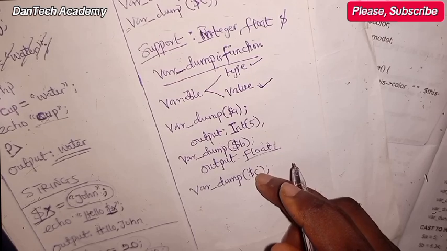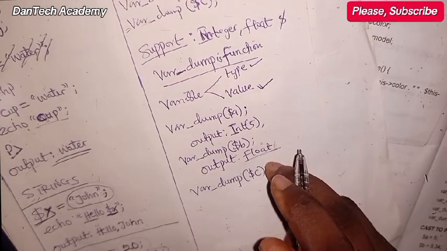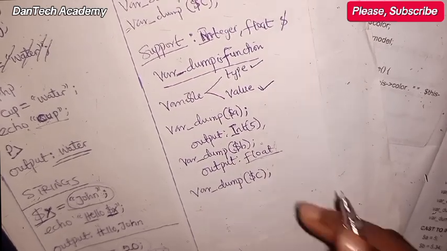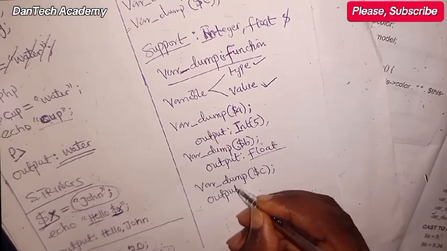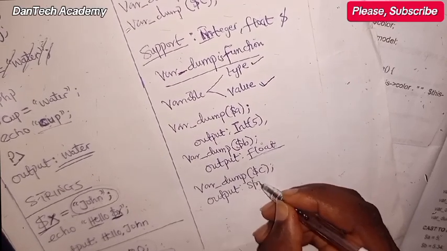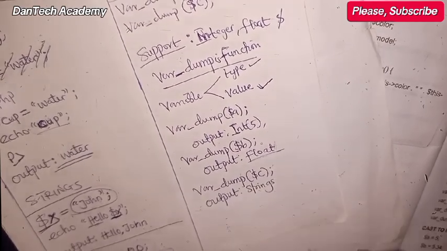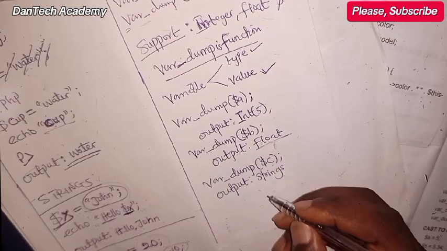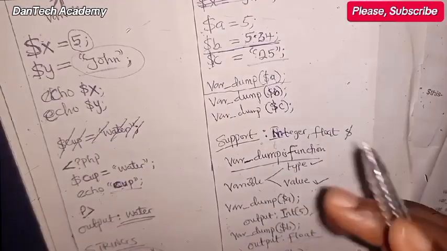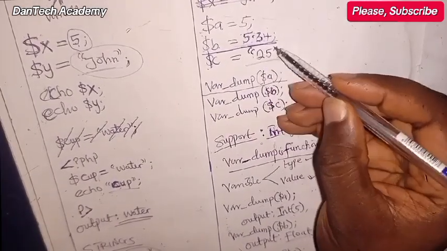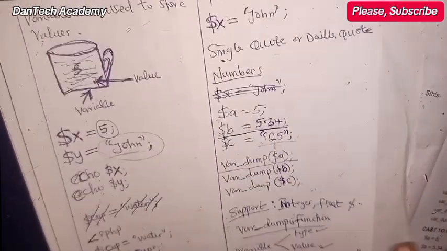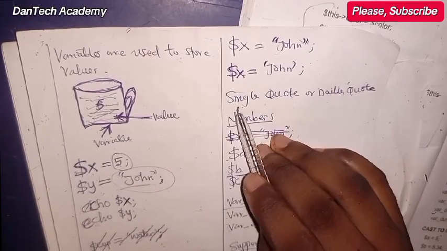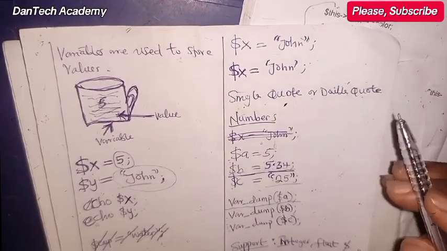The output is going to be string, which simply means that anything written with quotes is called a string. And I told you already that PHP accepts single quotes or double quotes.